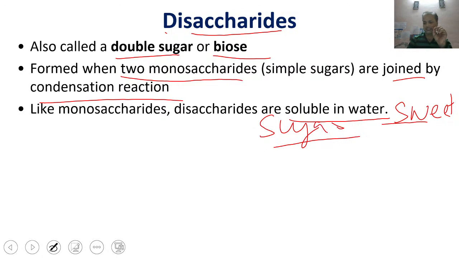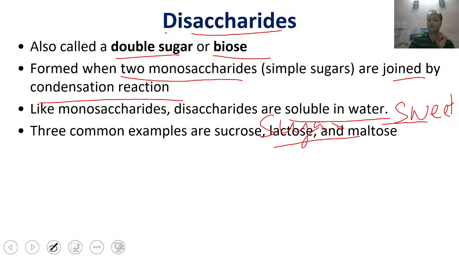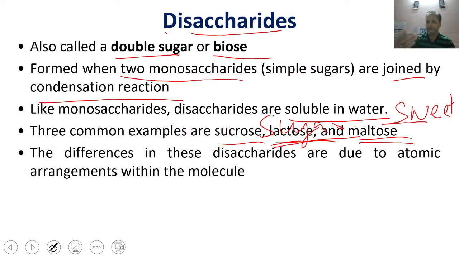There are a number of disaccharides, but three common examples that most people use are sucrose, lactose and maltose. Sucrose is our common table sugar. Lactose is a milk sugar and maltose is malt sugar. We will see how all three are formed.